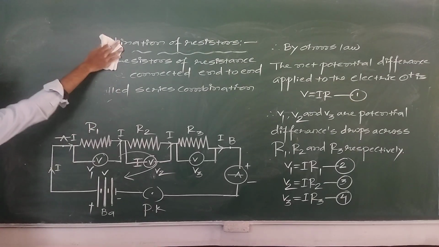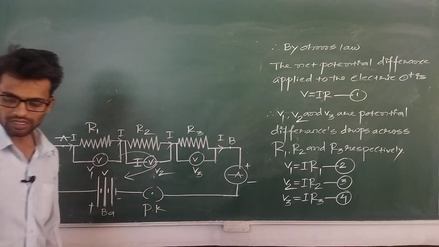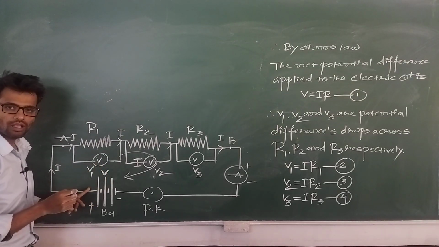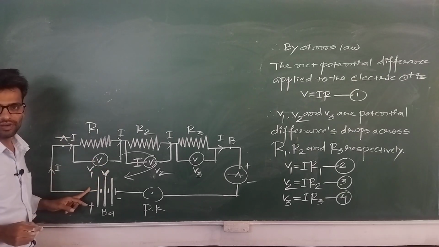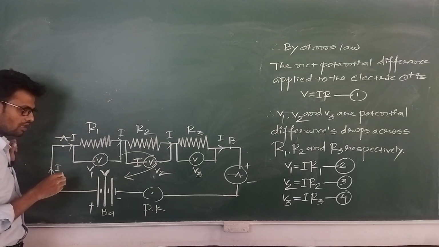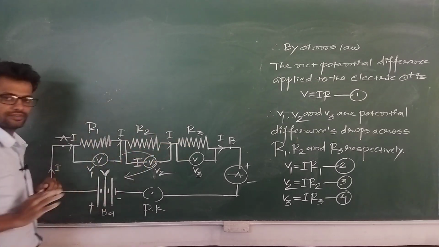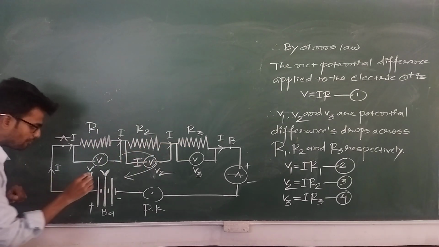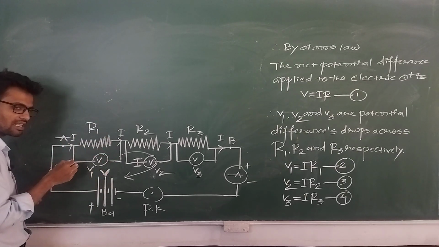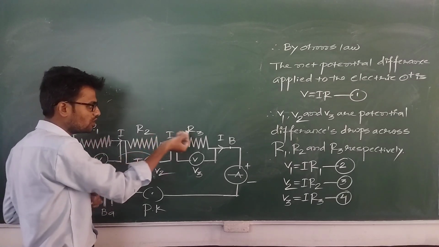Now I will write one sentence. V is the net potential difference applied, and it is the algebraic sum of the potential difference drops across R1, R2 and R3. Remember, the net potential difference applied to the electric circuit is the algebraic sum of the potential difference drops across R1, R2 and R3.